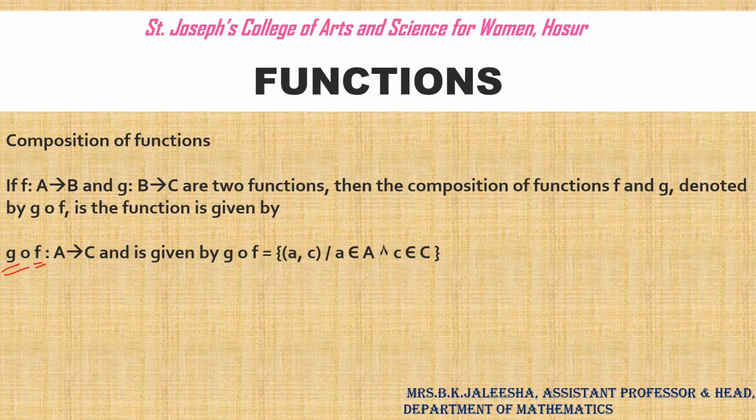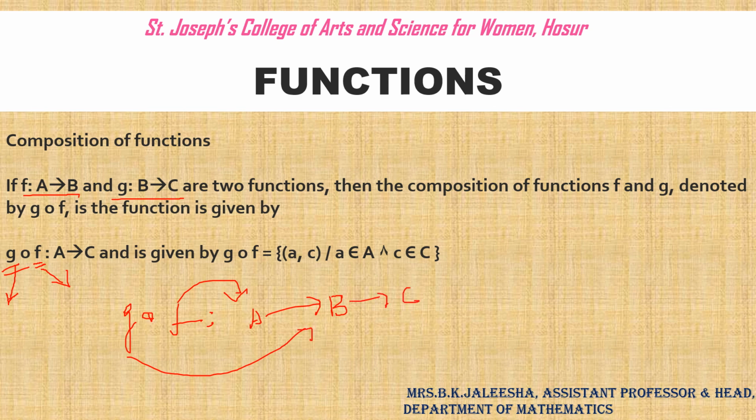So first f should be on the right side of the dot, and next g on the left side of the dot. So to get g dot f, first we need to give f. f is from a to b, then g is from b to c. So combining this, you'll get g dot f as b to c.